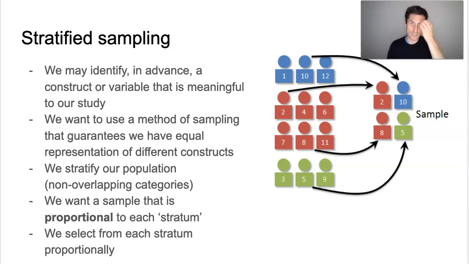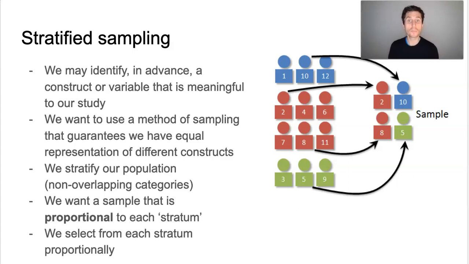So let's use the example of the 12 member population that we have here, where the colors represent something about college education. If we're doing a poll about potential voters and their college education, then we want to arrange our population, not just by how many people exist in it, but by their representativeness of, say, college education.